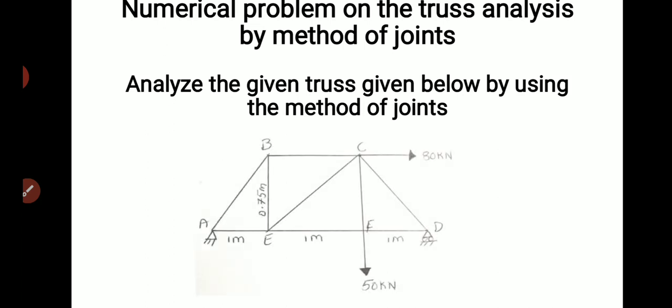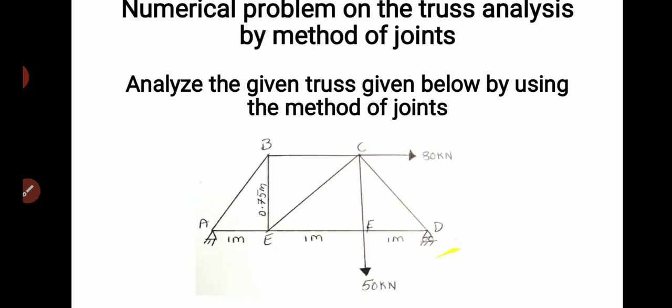So this is a truss given, which is subjected to 80 kilonewton force at joint C. Here the supports are at A and D. At A the support is a hinged support, and at D the support is a roller support.